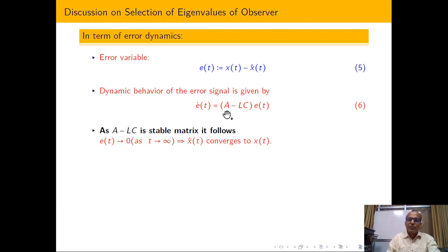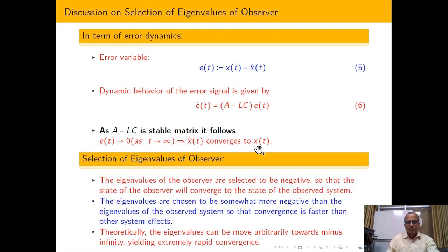It is possible to show that if A minus LC is stable, so we select L in such a way that I am able to force this error equal to 0, and if the error is 0, then x hat(t) is exactly equal to x(t), and in this way I am able to estimate all state variables.